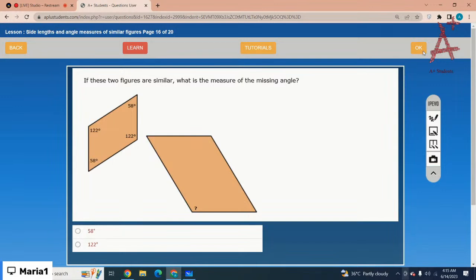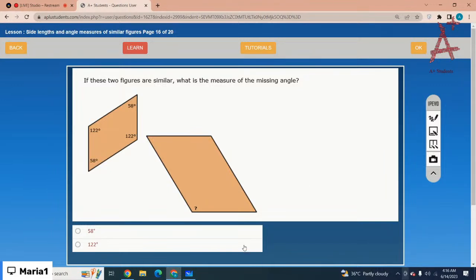Okay, if these two figures are similar, what is the measure of the missing angle? So which is the correct option? Which is the correct option? 122? Yes, it is 122.